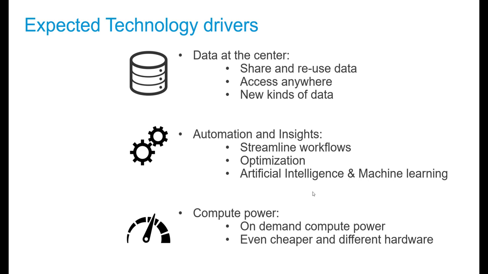So we expect to see a lot more use of technology like artificial intelligence or machine learning to make sense of a lot of data, but also to see if we can actually streamline workflows a lot more.